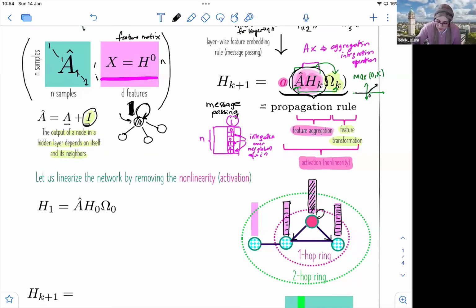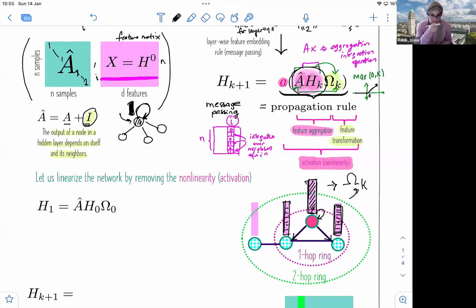After we add them up, we transform them through omega k. You can imagine taking the average of these, mapping them through omega k, and then taking the self connectivity, the embedding of this node, and mapping it through self connectivity.